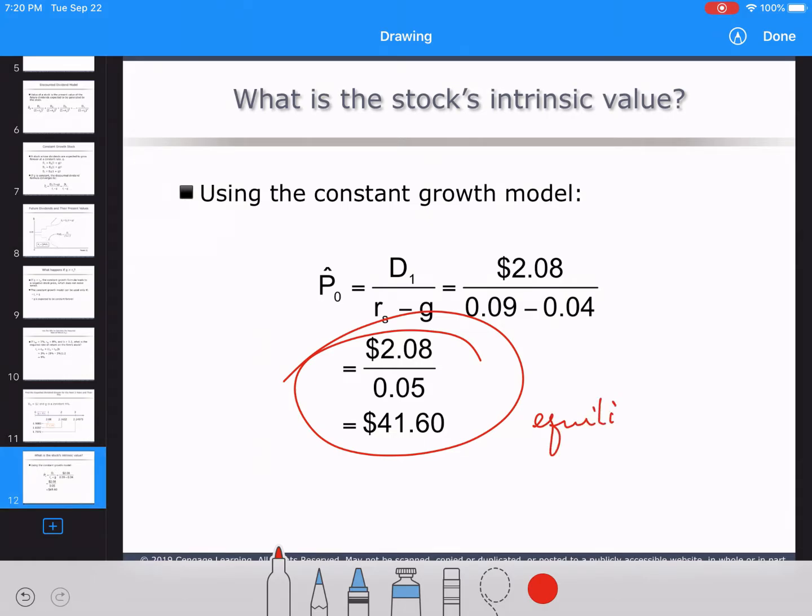The reason it is called the equilibrium price is this. Suppose it is not 41.60 in the market. In the market, it is $42. So you see, the market is making a mistake. It is saying $42, so the market is overvaluing it. If the market is overvaluing it, what will people do?